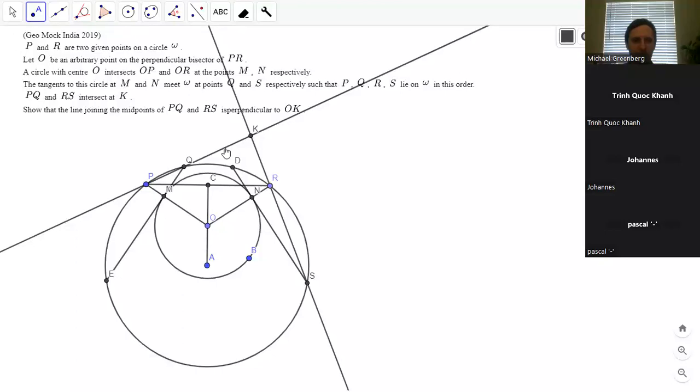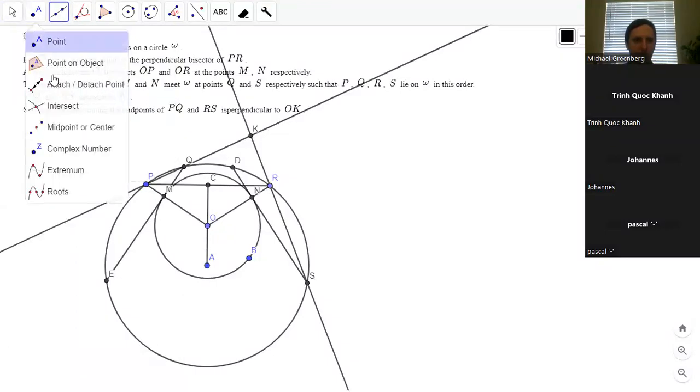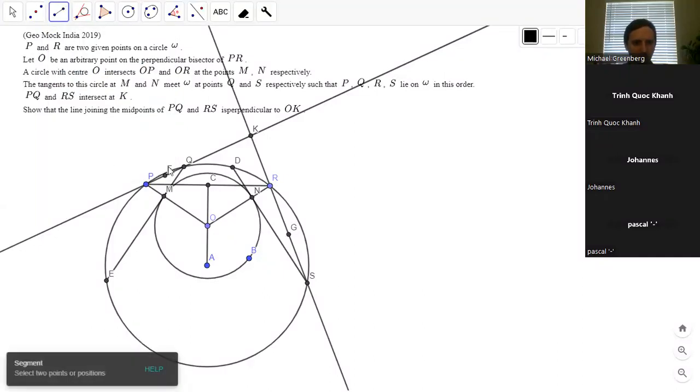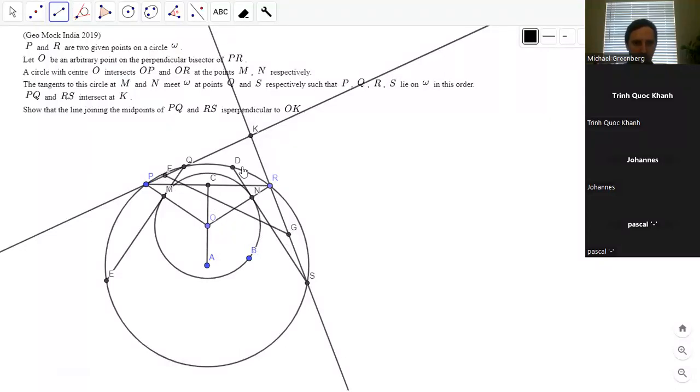And we want to show, if we take the midpoints F and G of PQ and RS, then we want to show that FG is perpendicular to OK. All right, so yeah, K, D, and E are not collinear.